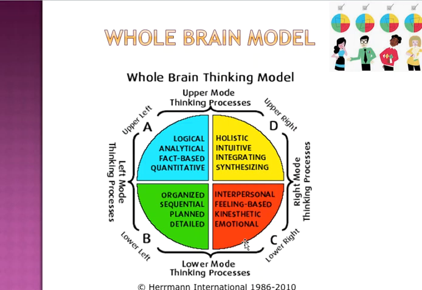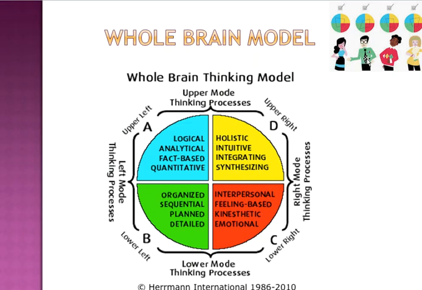Another slide to show that, and let's look at this small picture in the top right corner of this slide. According to Herman, people have some orientation. Their minds have some orientation. Some people are blue, as here, so their upper left side of the brain is more active than the others.